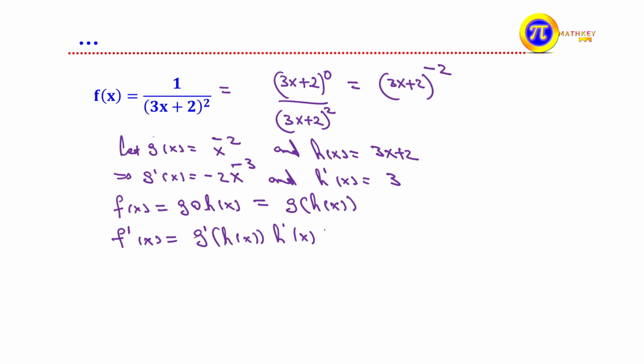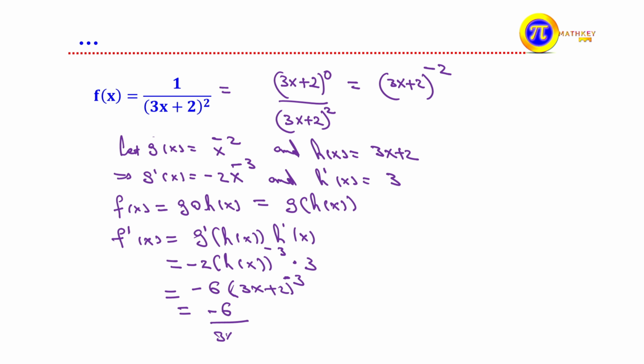This is negative 2 times h of x to the power of negative 3 times h derivative at x, that is 3, which is negative 2 times 3, that is negative 6, times h of x, which is 3x plus 2 to the power of negative 3. Or this equals negative 6 divided by 3x plus 2 to the power of 3. We can express it in this way.